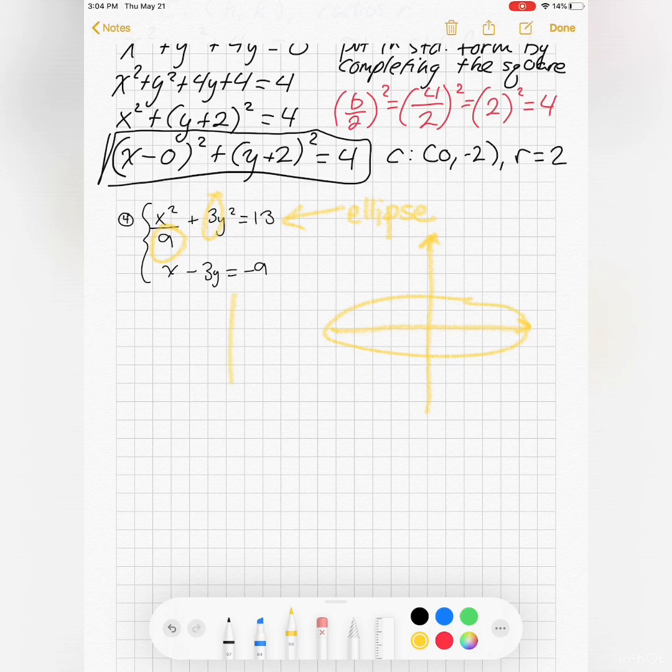Okay, let's see, the second one, it's a linear equation. This is a line. Just kind of really rough scratch work. Plus 3.